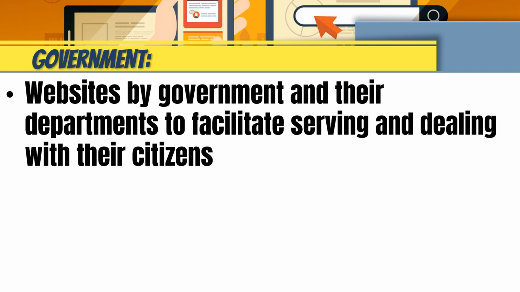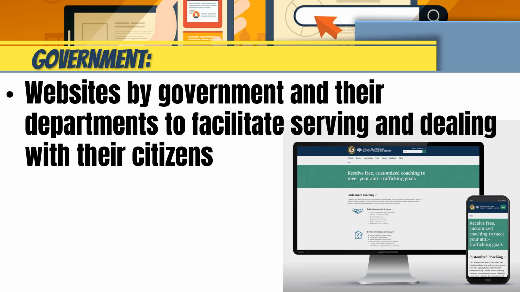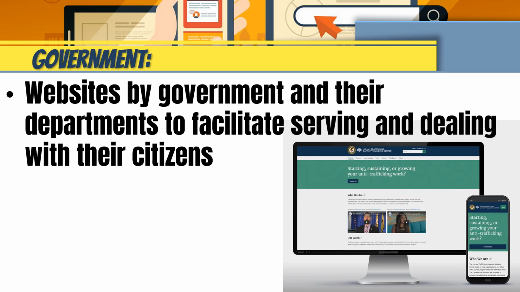Example of government website, ito yung parang mga DSWD website, DepEd website, and others. Doon nila ipinopost yung mga announcement nila, yung mga requirements, and others in order for them to serve their citizens, in order for them to serve their people, okay, and facilitate their people. Okay, so that is government website. Ito yung mga may mga .gov, .ph, and so on and so forth.